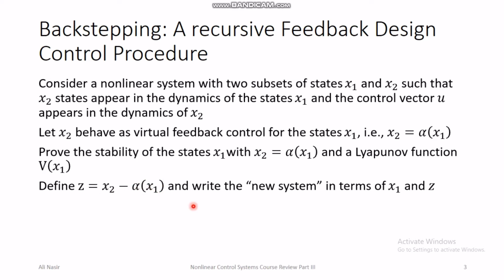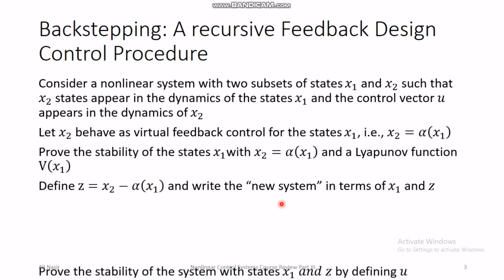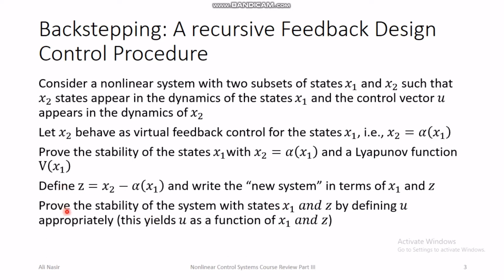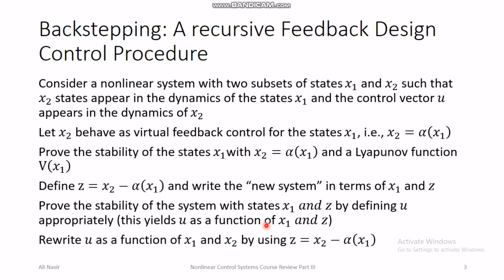We write the new system in terms of z and x1 and prove the stability of the system with states z and x1 by defining u appropriately, and this yields a control input u that is a function of x1 and z. And the final step of the backstepping feedback control design is that you rewrite the input u as a function of x1 and x2.